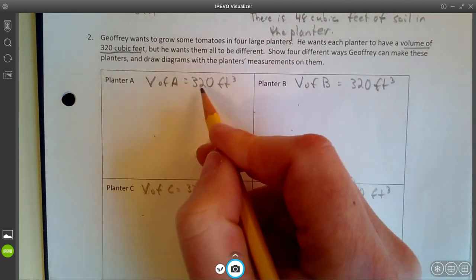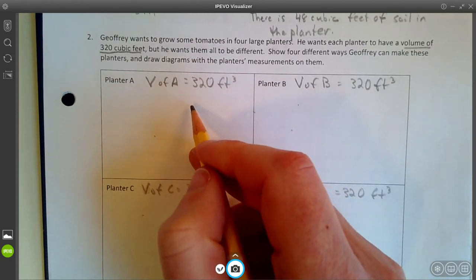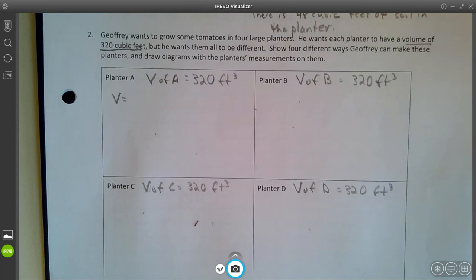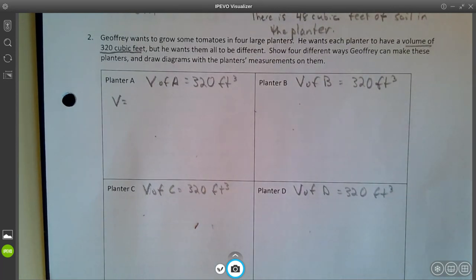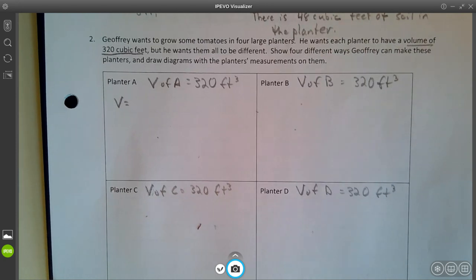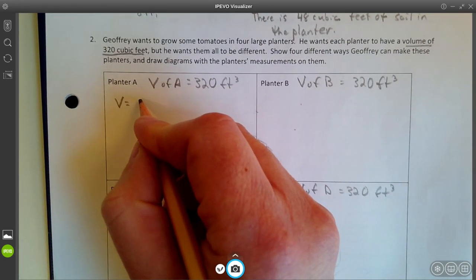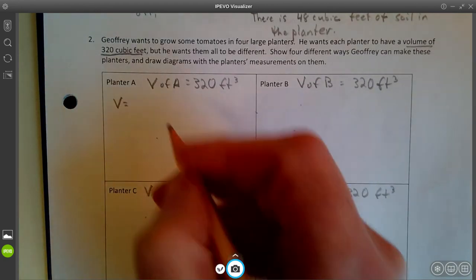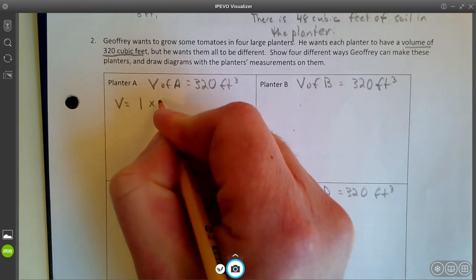Well, so really what we're thinking is, I need 3 factors that equal 320. So let's see, what would be a good factor? How about 1 foot by 10 feet?